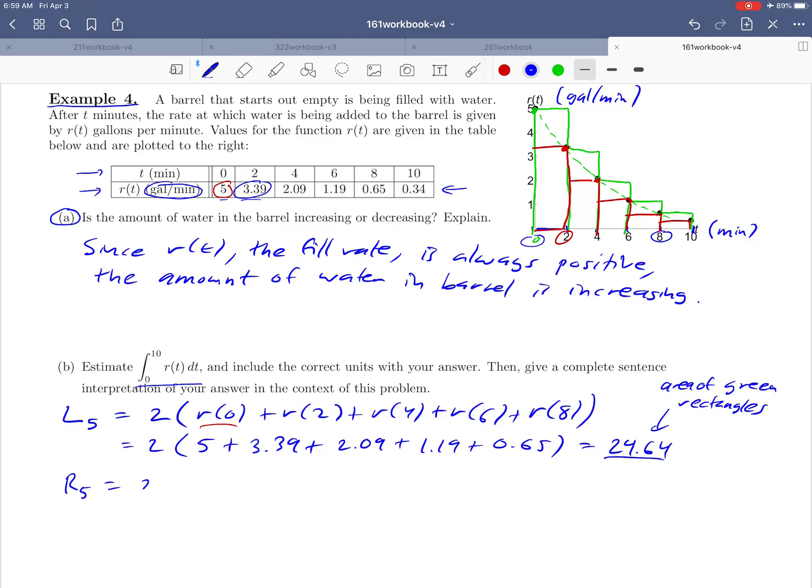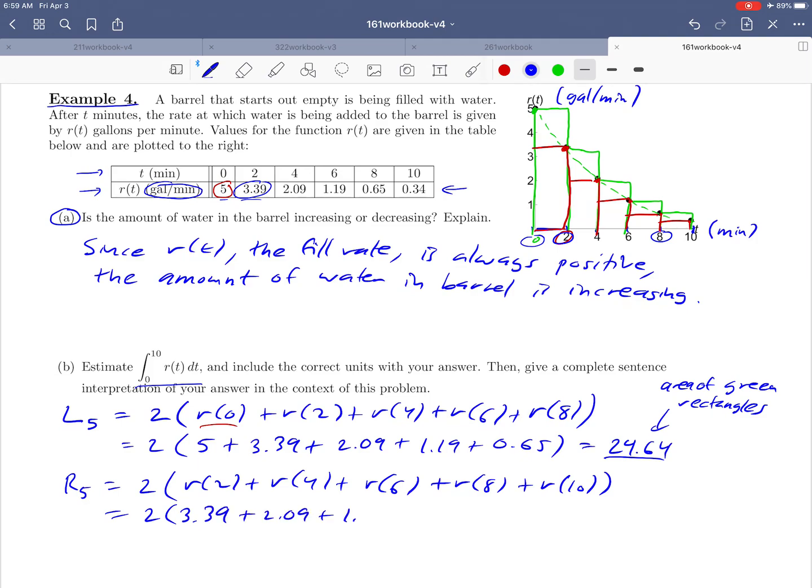Okay, and the right sum is going to look very similar to the left sum. The width of the rectangles is still 2. But now we're plugging in the right-hand endpoint, so we're going to start with 2 and continue over. Okay, and this time we write out our numbers. We're starting with 3.39, 2.09.